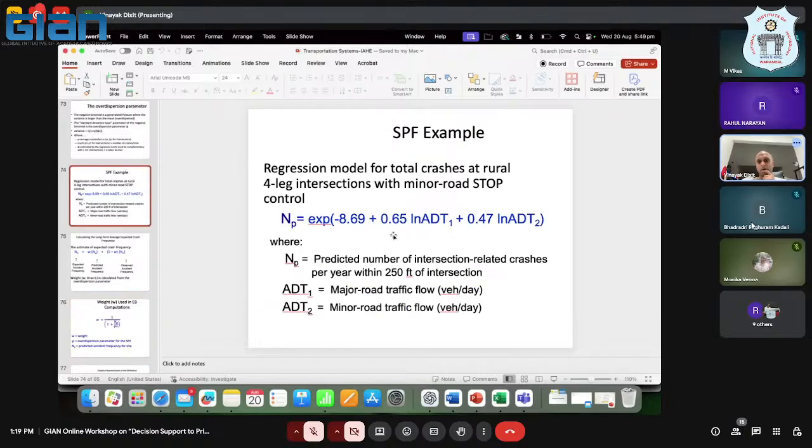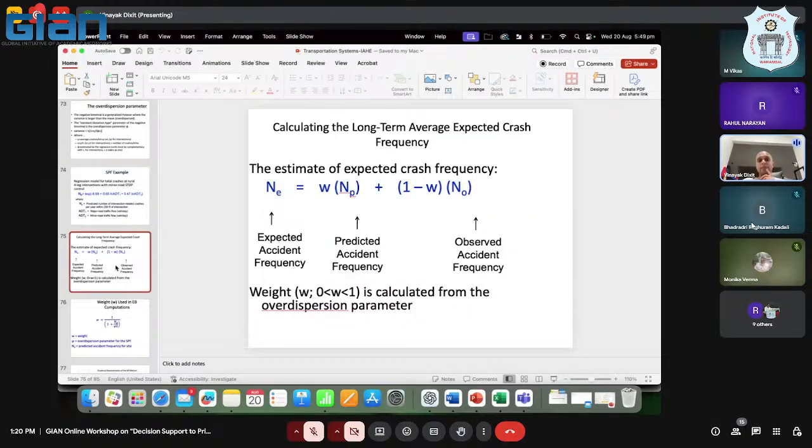So let's say we have a certain ADT1 and ADT2. We put the values in and we get the predicted number of accidents. Now, the predicted number of accidents is not the same as the expected number. Does that make sense? The reason is you have over dispersion, and you're trying to account for how many accidents you have observed.